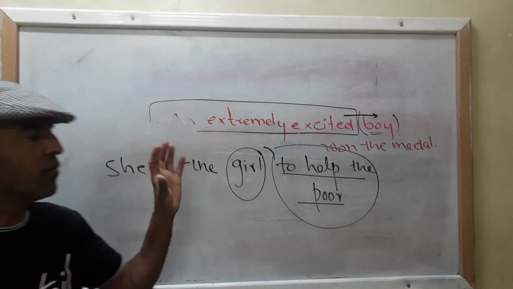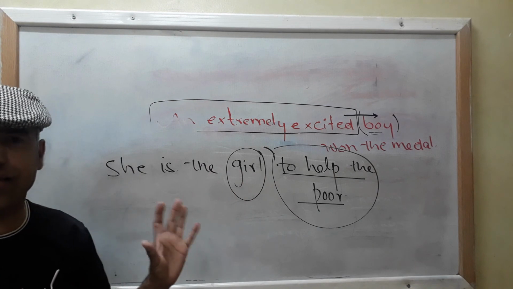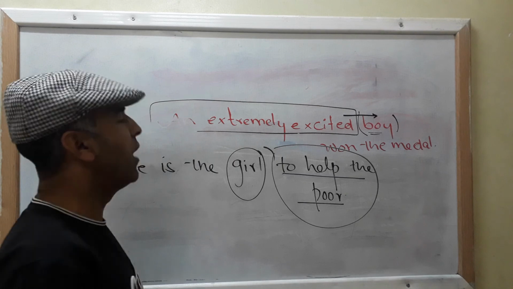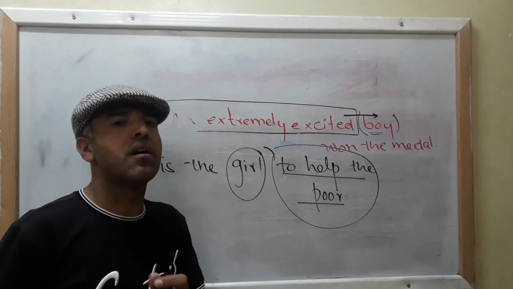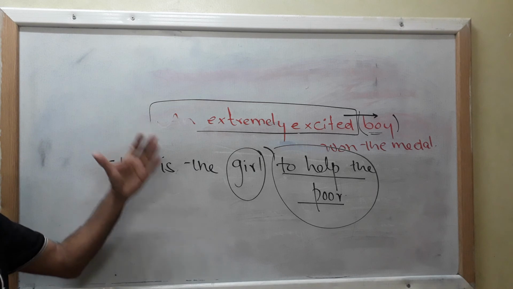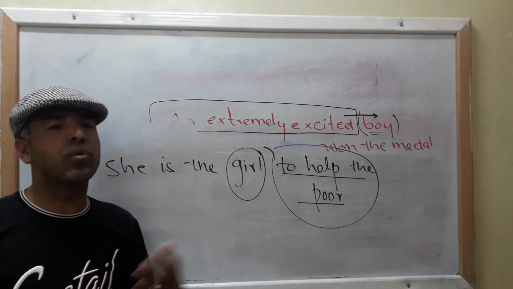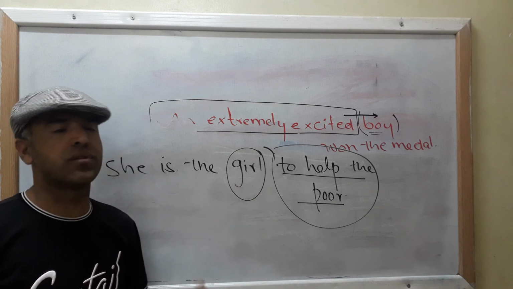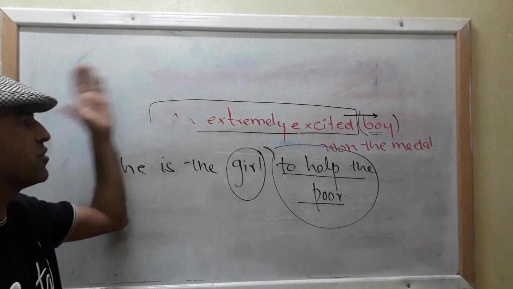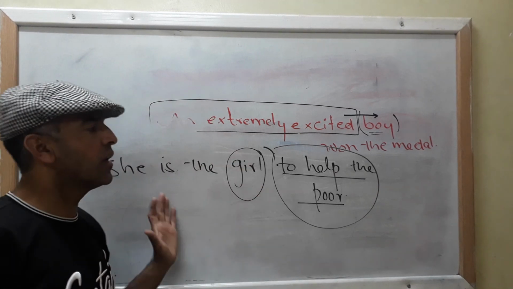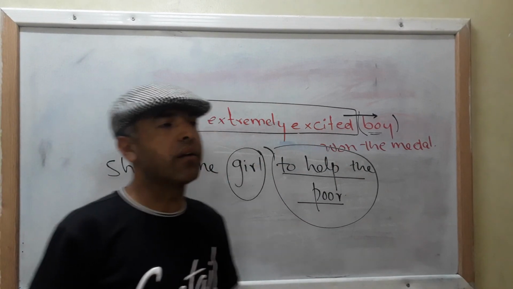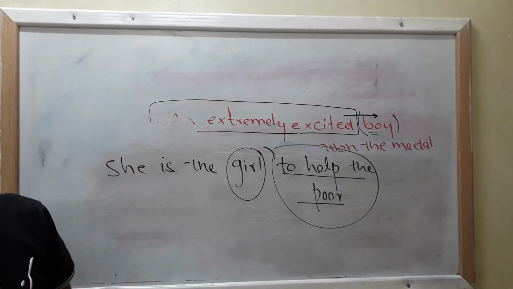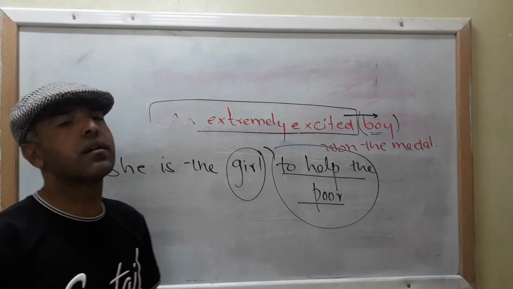So I think I would have been successful in making you understand the concept of adjective and adjective phrase. Today we learned about an adjective phrase functioning as an adjective in a sentence. Then we learned that an adjective phrase can appear in the beginning of the sentence, in the middle of the sentence, or at the end of the sentence. Then at last we talked about how sometimes an adjective phrase does not contain an adjective.